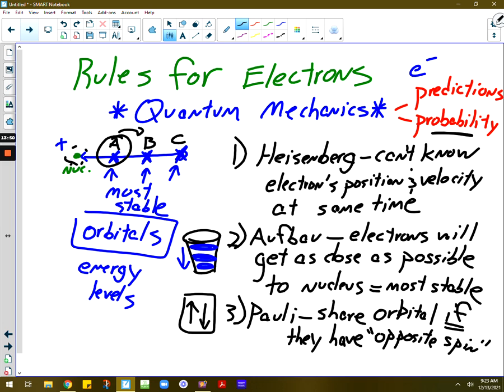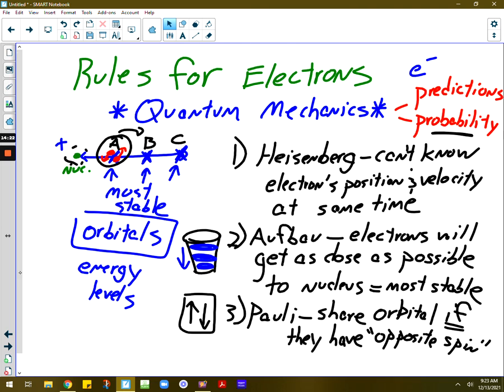We represent those as arrows going two different directions. You can't have two up arrows in the same box. If two electrons are sharing this orbital, I can't have them both go the same way because they're going to crash into each other. So magnetically, one's going to be charged one way, and one the other way. We say that their charge is either positive or negative 1/2. 1/2 what? Excuse me, I don't know.